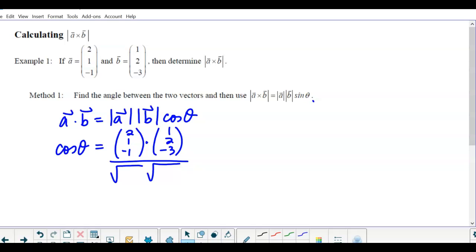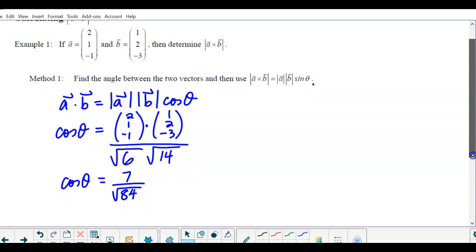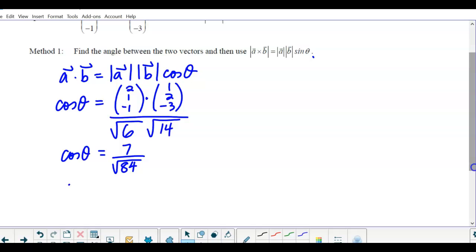So don't use your calculator, get the cosine ratio and use that to get the sine ratio. And I wouldn't rationalize it, right? We're not at the end of the question yet.